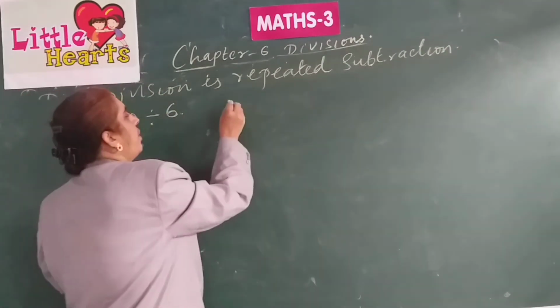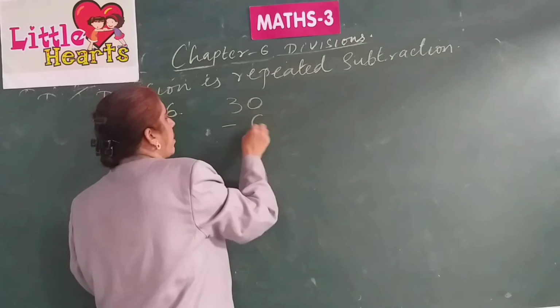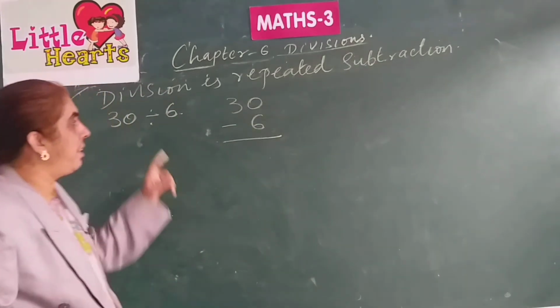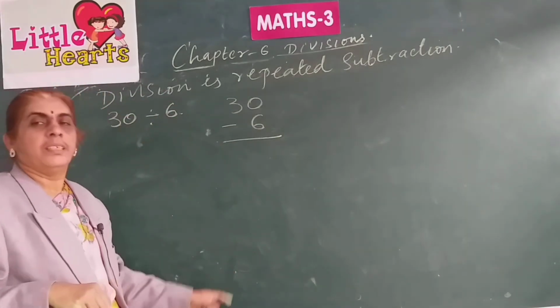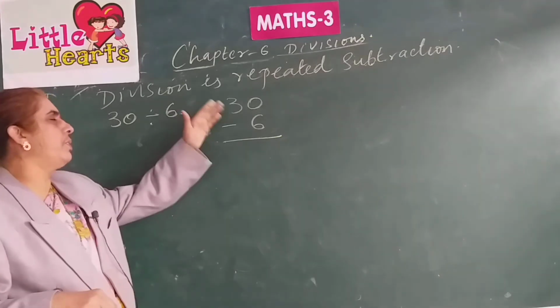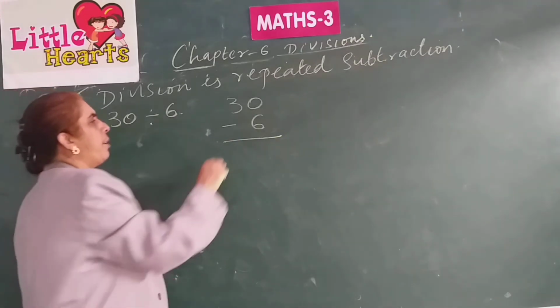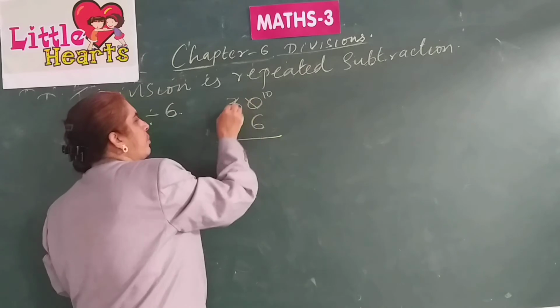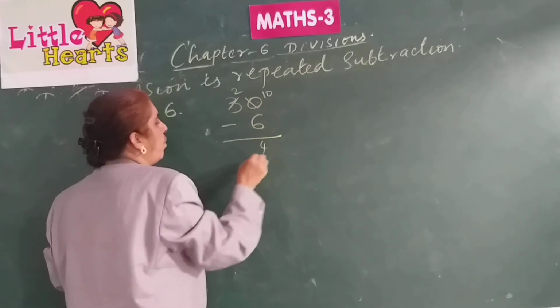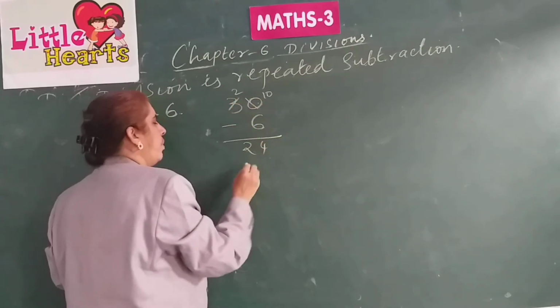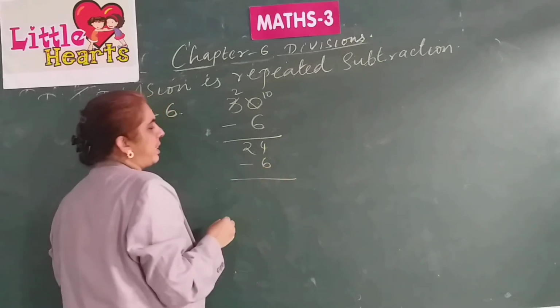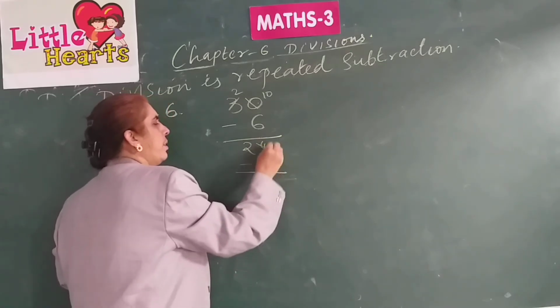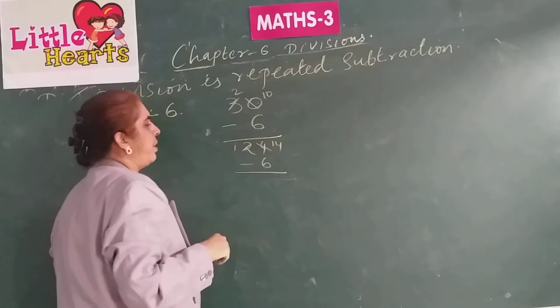For this, you need to subtract 6 until you get 0. Keep on subtracting 6 from the answer you get. 30 minus 6 is 24. 24 minus 6 is 18.